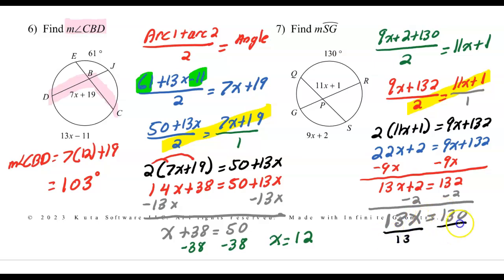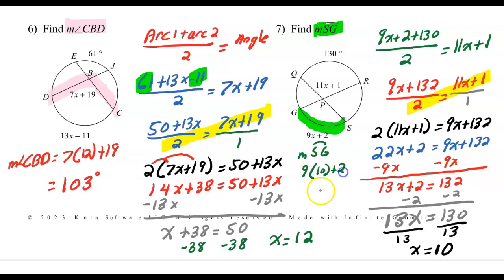Divide by 13, and x is equal to 10. Now the goal was to find SG, which is here in green. So the measure of SG is 9 times 10 plus 2, or 92 degrees.